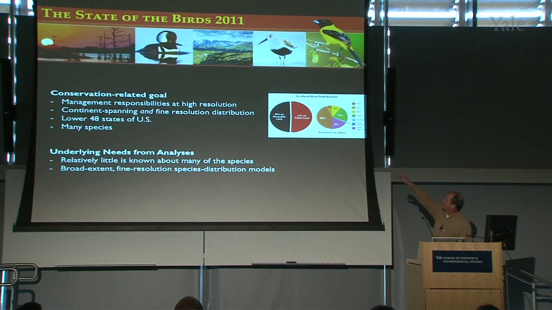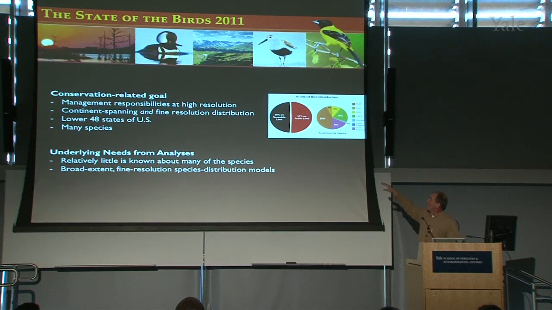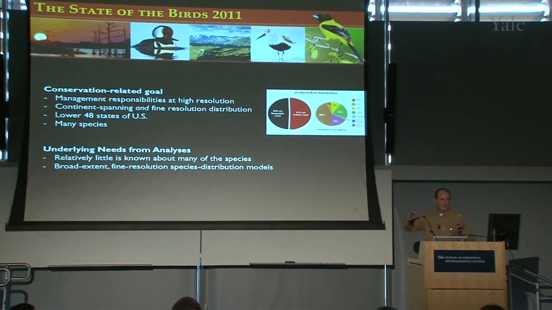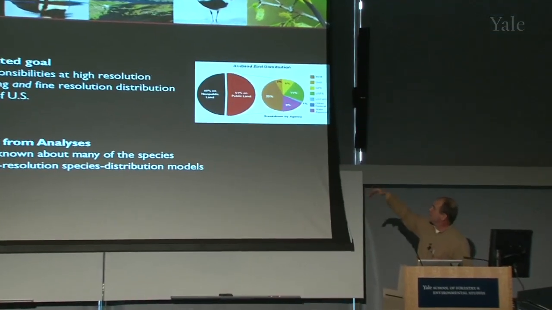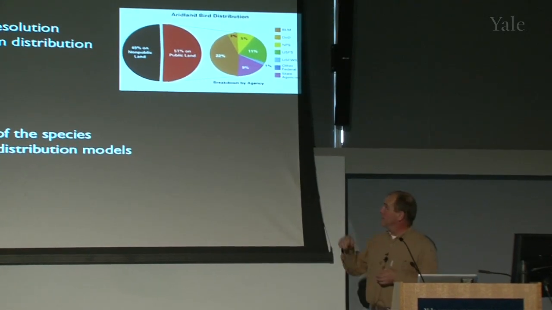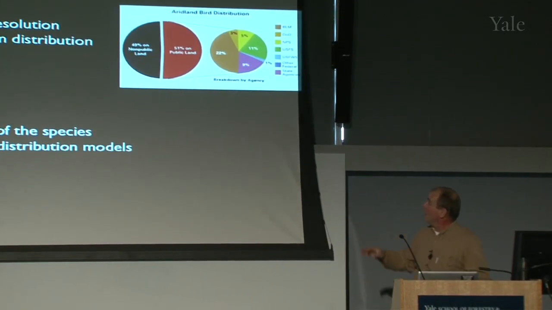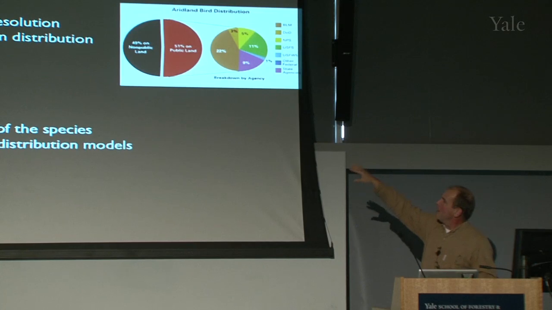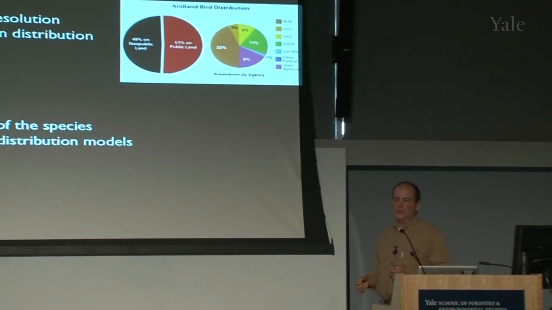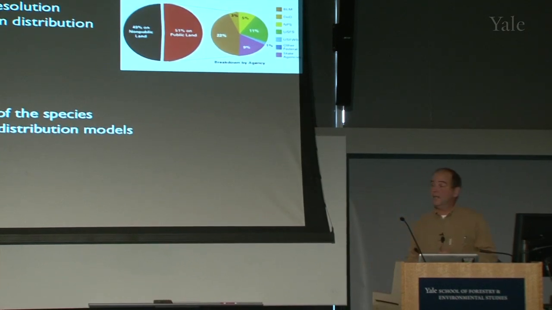So, for example, we generated a whole series of these pie charts where we first estimated the proportion of a population of a certain kind of group of birds, in this case arid land species in the southwest. And we found that about half of the populations of those birds were found on public lands.